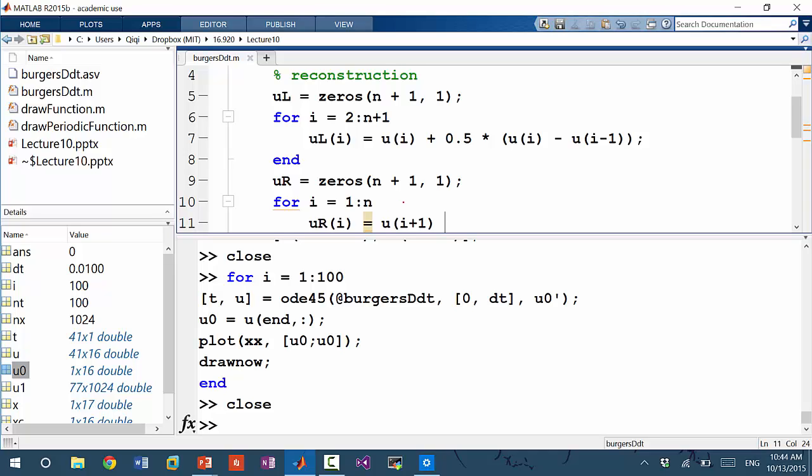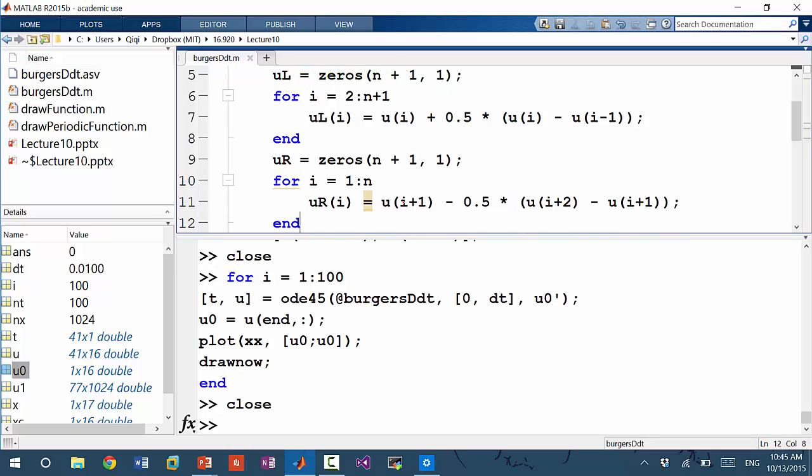I think that's right. At the same point, we want to take one more value. I get minus 0.5 times U of I plus 2 minus U of I plus 1. Right? Did I make any bug in this? That's going to go outside the bound.